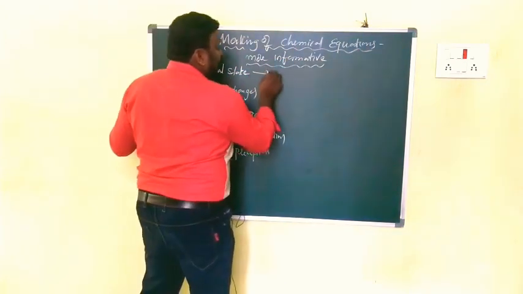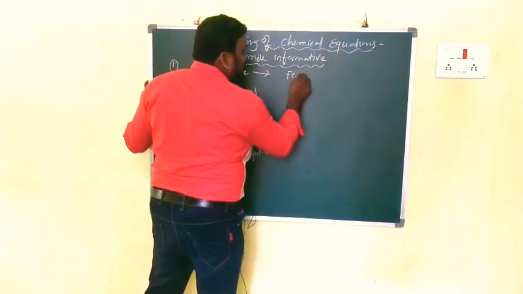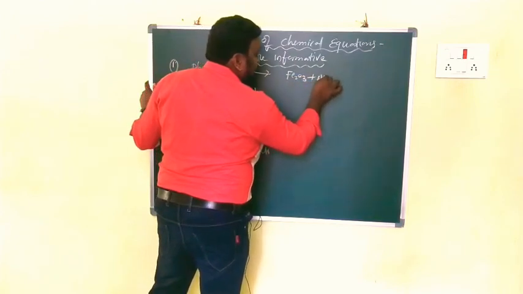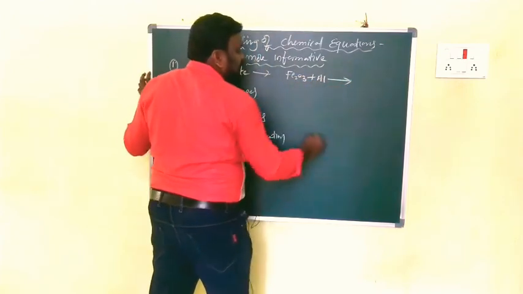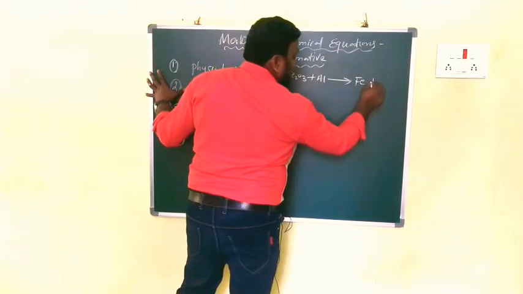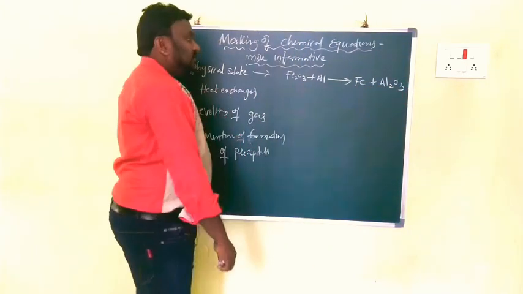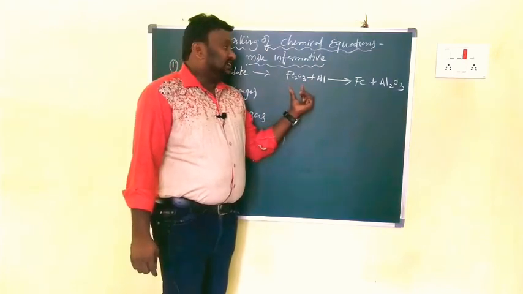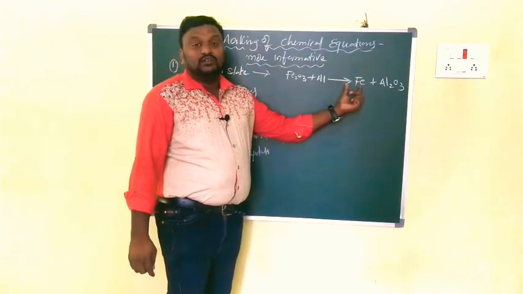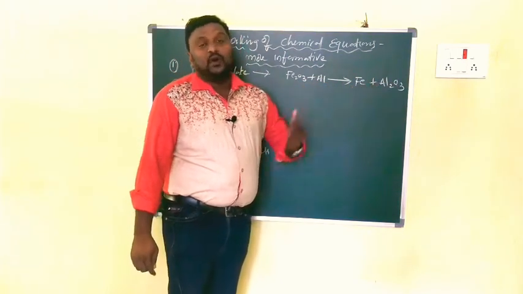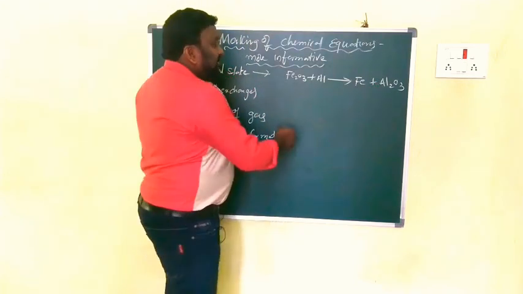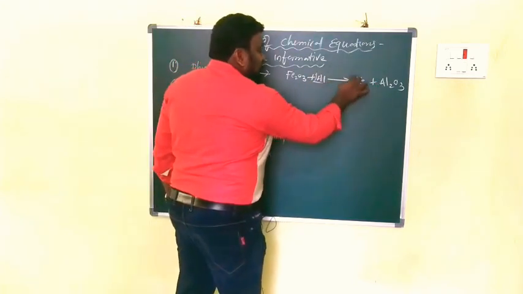Here we have one equation: Fe2O3 plus Al gives rise to Fe plus Al2O3. Ferric oxide, iron oxide, reacts with aluminum, then what do we get? Iron and aluminum oxide. It is not a balanced equation, now it is balanced.